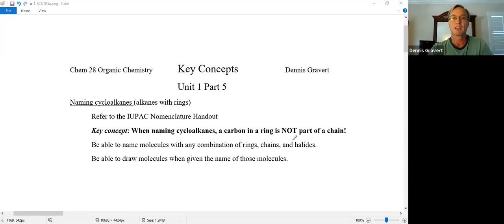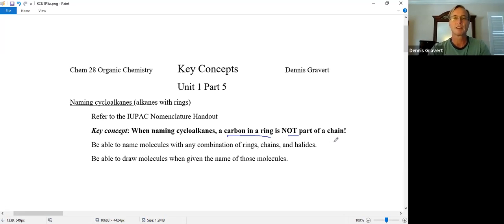Not a big deal. One key concept to keep things straight is that if you have a branch, that's probably a chain, and you have your ring, we have to separate those in our mind. When you are naming cycloalkanes, a carbon that's in a ring is not part of a chain.